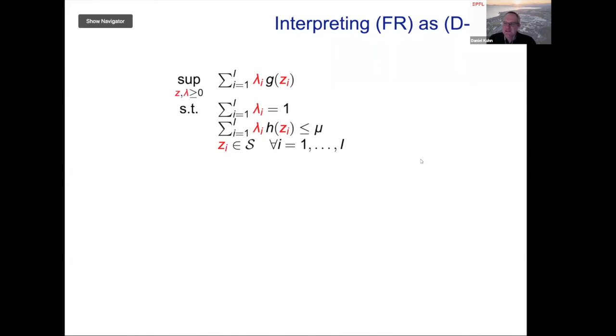Okay, so we have identified the dual uncertainty quantification problem as an instance of the primal-worst problem. Now let's take a closer look at the finite reduction of the primal uncertainty quantification problem. Our goal is now to show that this finite reduction can similarly be identified as an instance of the dual-best problem.